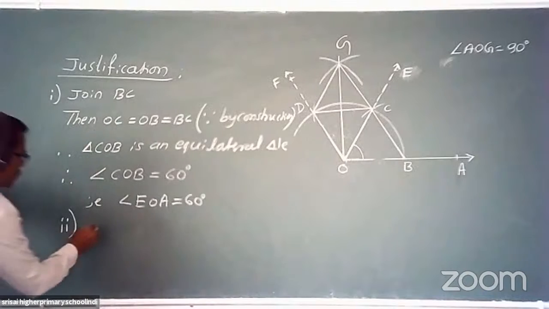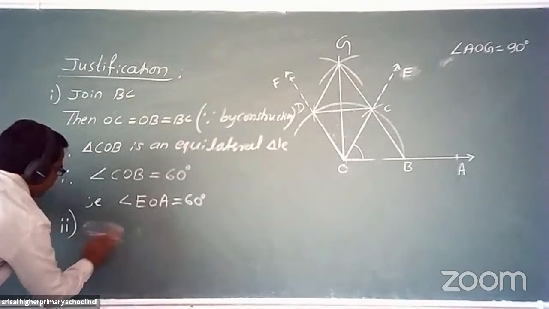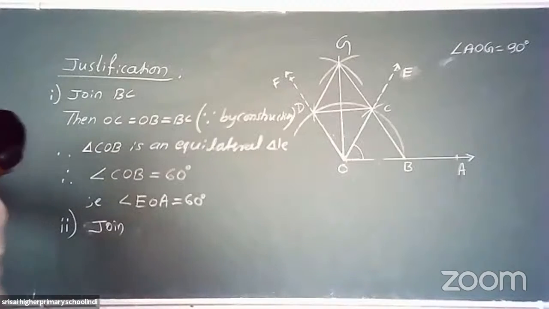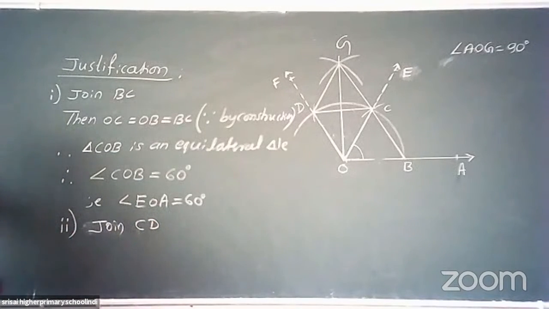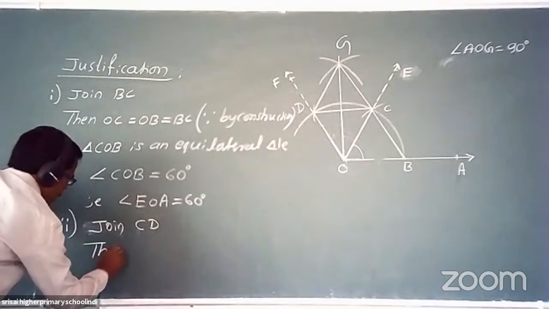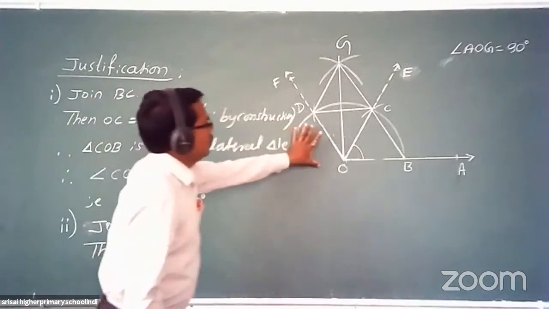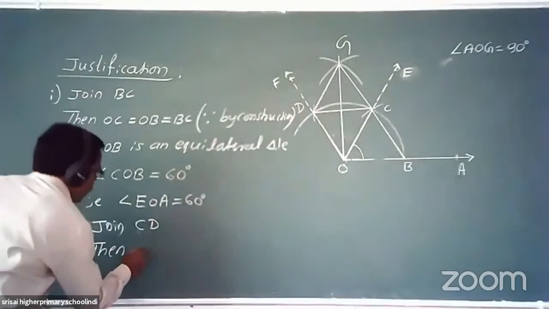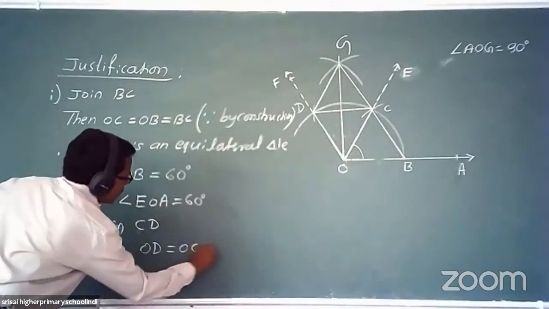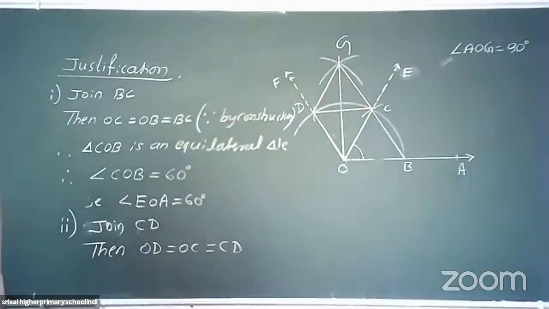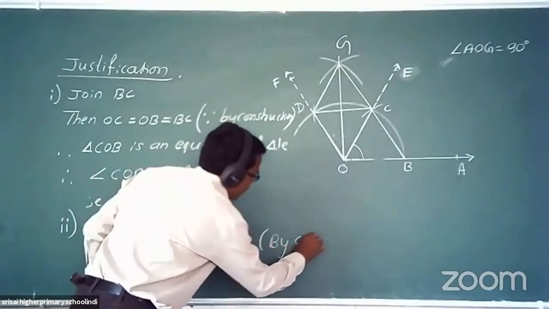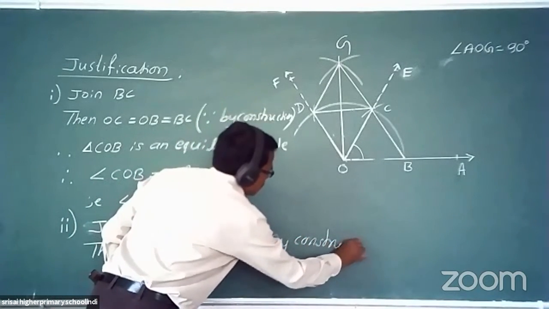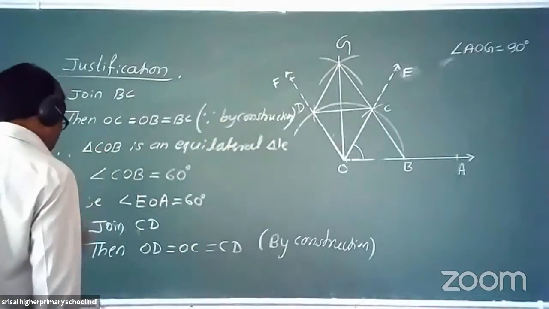Next, second point. Second point is join CD. Then which are equal? OD equal to OC equal to CD. All again by construction.